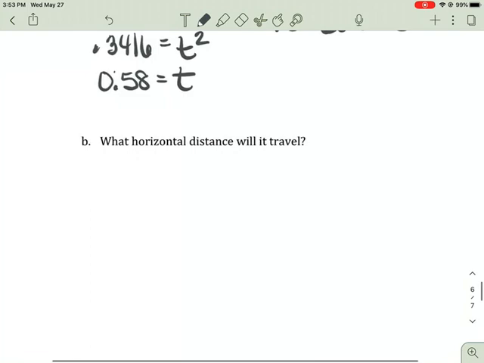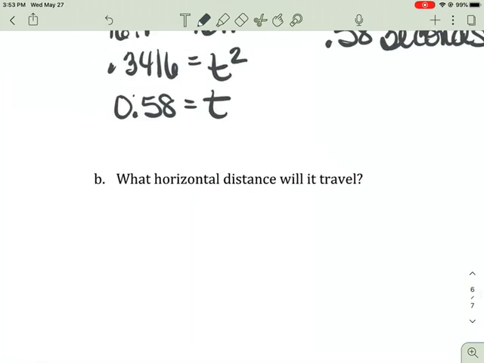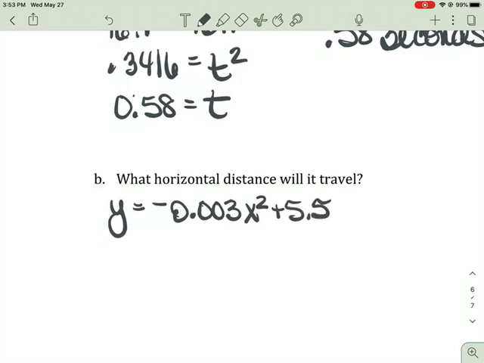Now, for the horizontal distance which it traveled, we also have another formula. We have y equals negative 0.003 x squared plus 5.5. And again, the 5.5 is for the height of the object off the ground. So if it was 7 feet, we would put 7 in there for 5.5.